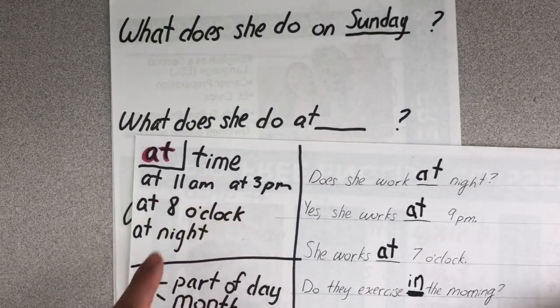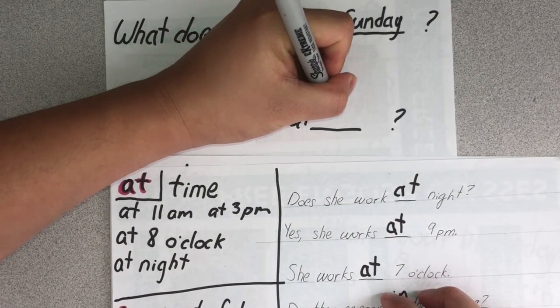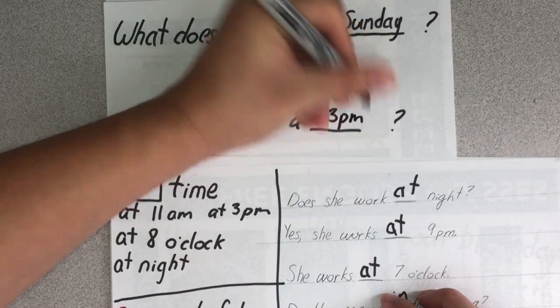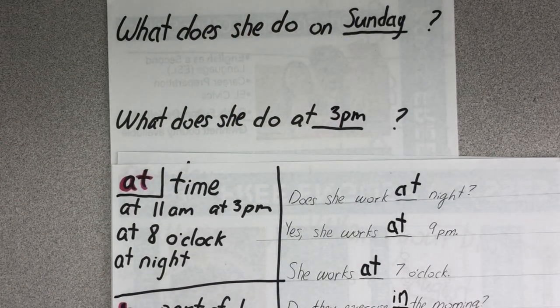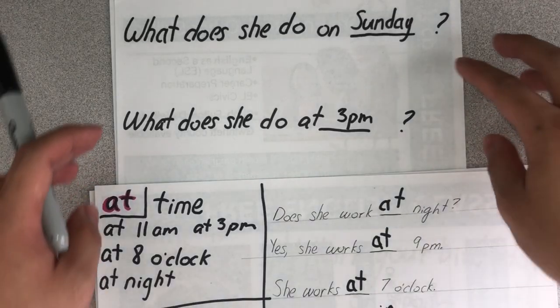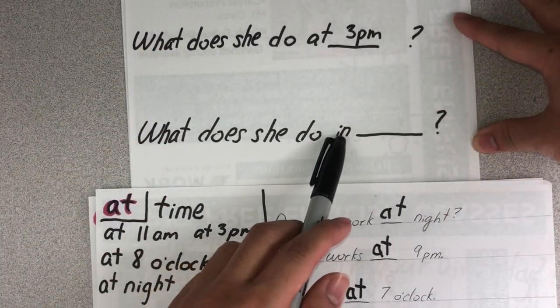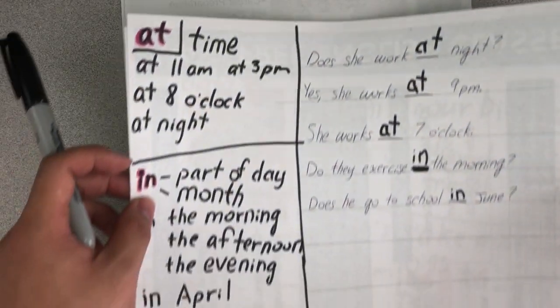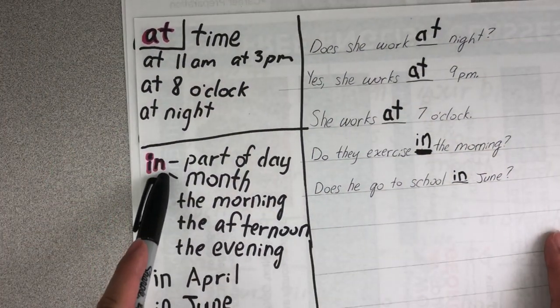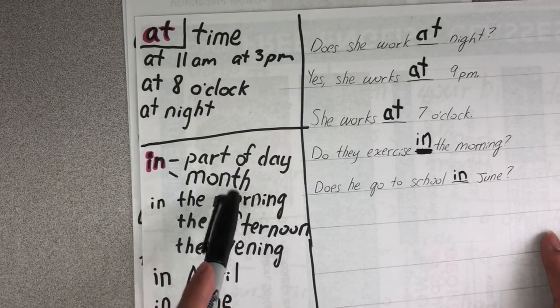What does she do at? At is for time. So let's say, what does she do at 3 p.m.? What does she do at 3 p.m.? Maybe she goes home. She goes to the park. What does she do in? In is for part of the day or the month.